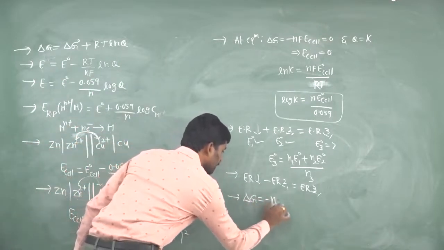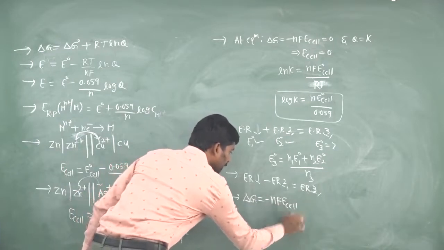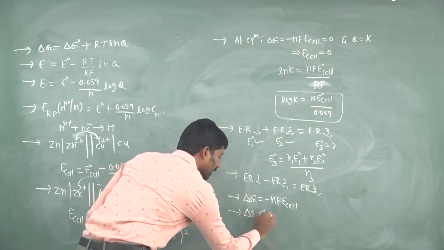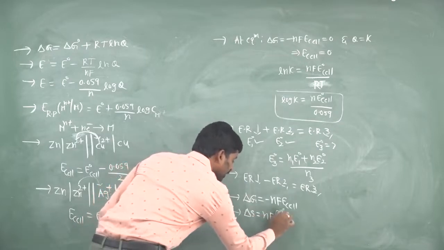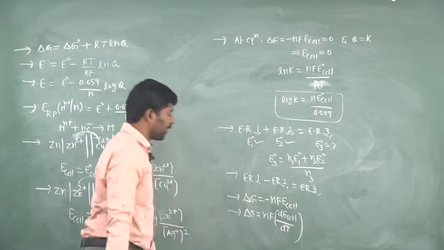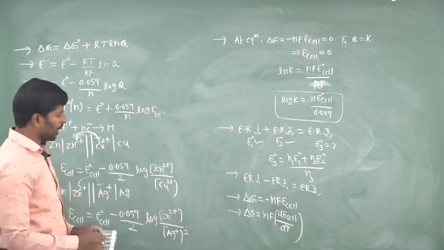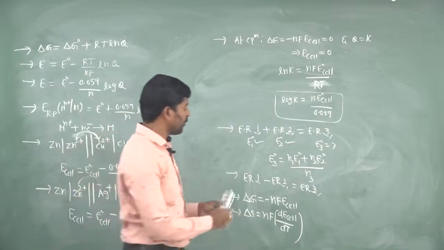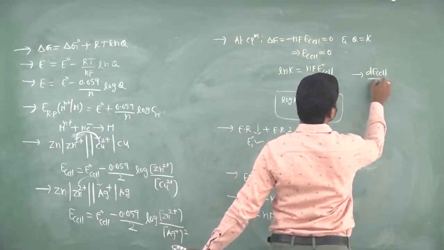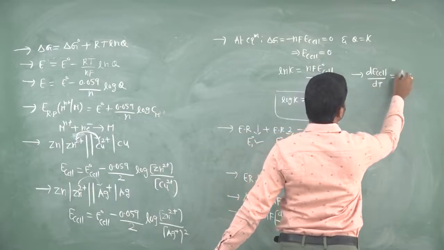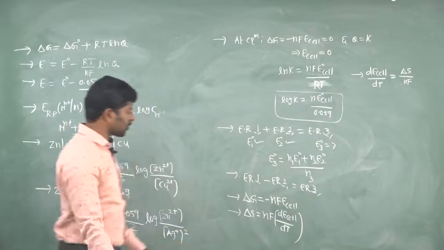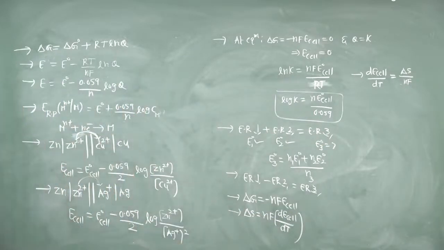This we already discussed. Delta G we can calculate by using minus NF E cell. How do we calculate delta S, and what is the formula? Delta S equals NF into dE cell by dT. From that, the variation of cell potential with temperature, dE cell by dT, equals delta S by NF.